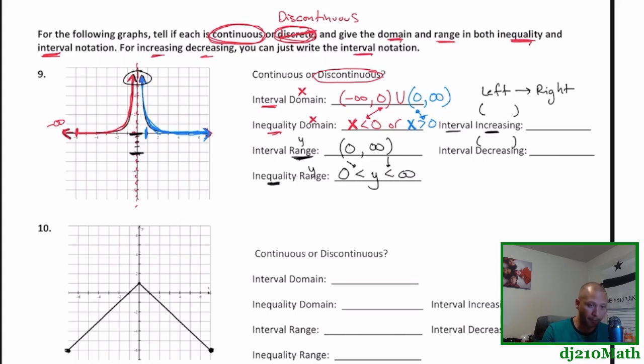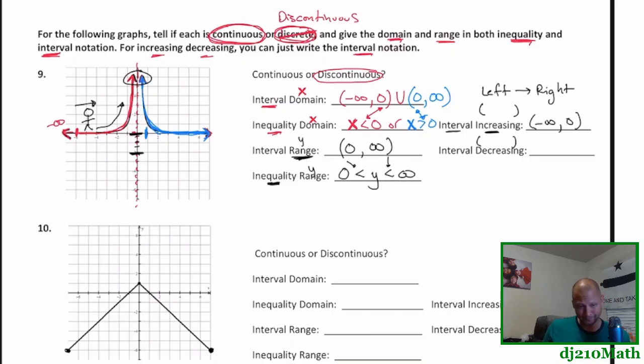Coming from negative infinity, if you imagine yourself standing on the graph, walking from left to right, this is definitely an incline, right? You're definitely going uphill. So we're increasing from negative infinity, parentheses, because infinity always gets parentheses, up to 0, not including 0. And besides, decreasing always gets parentheses.